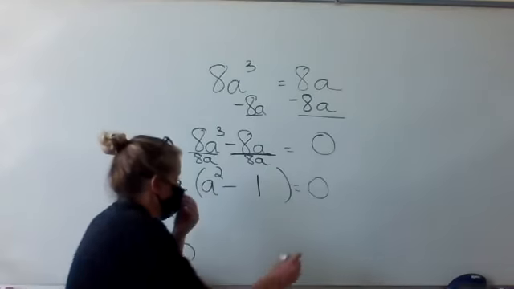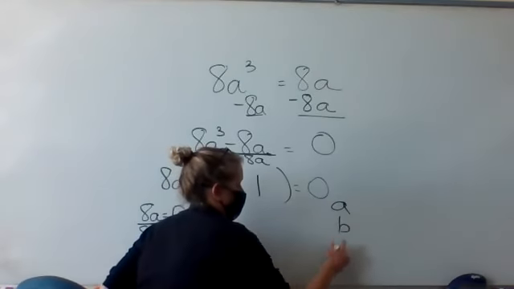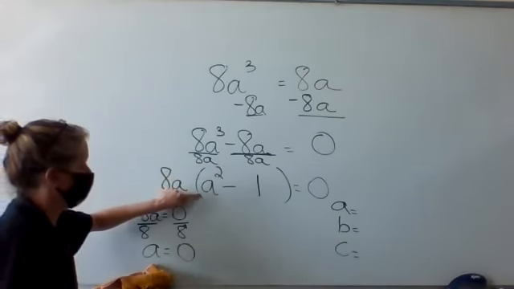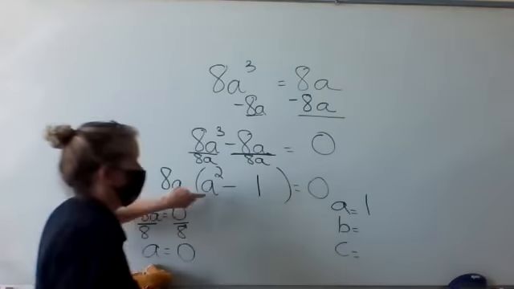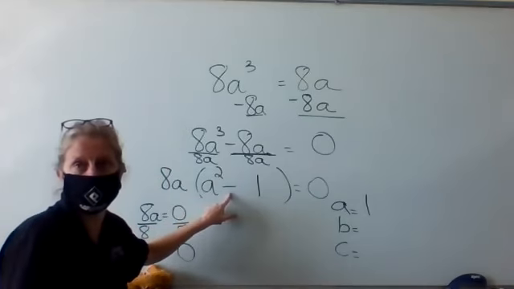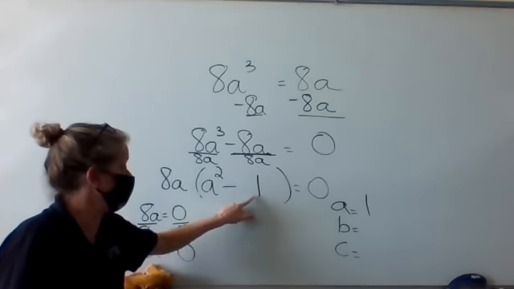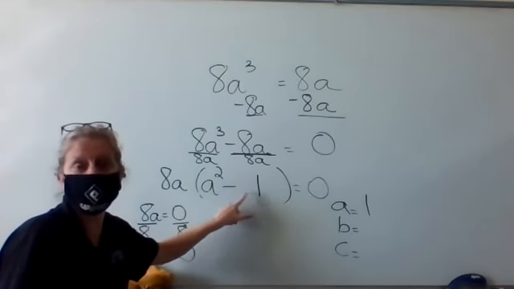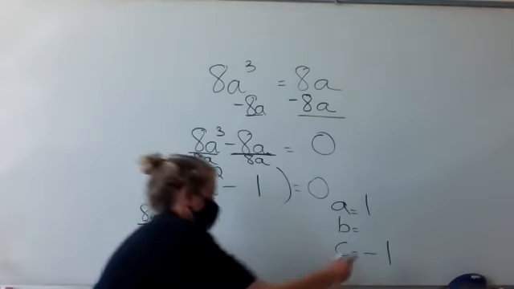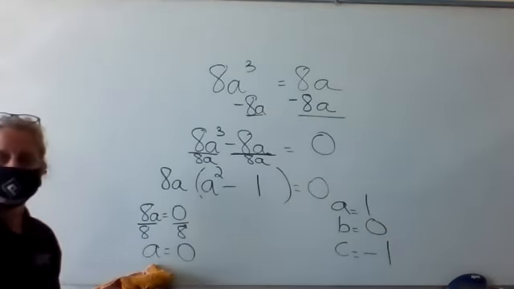So if I put it in quad, be careful what your a, b, and c are. What's in front of a squared? 1. Now remember, your b is what's in front of the middle term. This is your c. Your number that doesn't have a letter hooked on it is your c. 0 is your b. That's right.